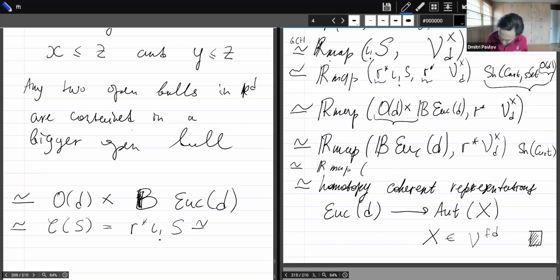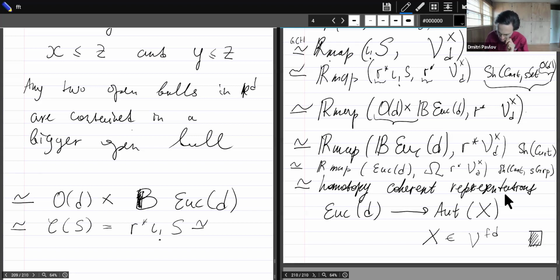B is a left adjoint to what? To omega, if you want. Strictly speaking, this is not quite right, but here we work with sheaves of simplicial groups on Cartesian spaces. Why is it not quite right?